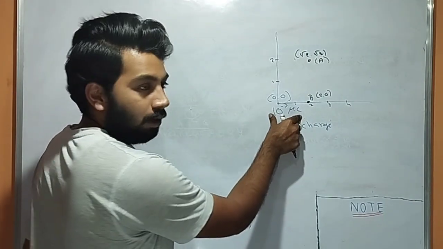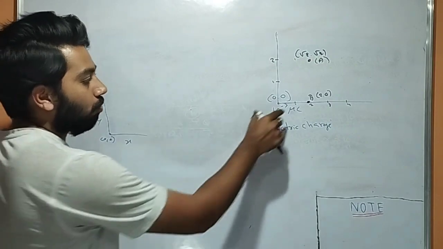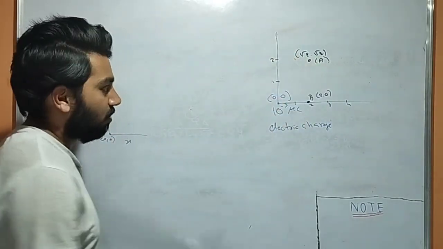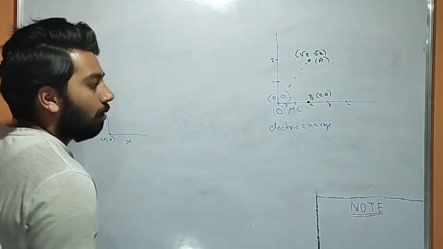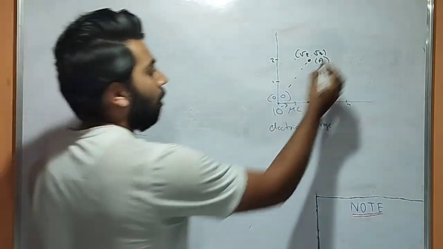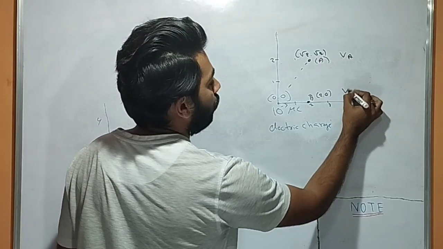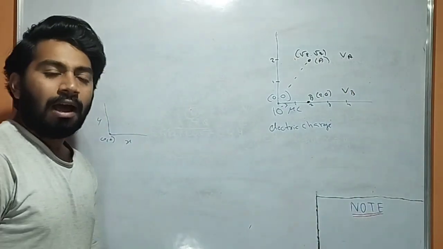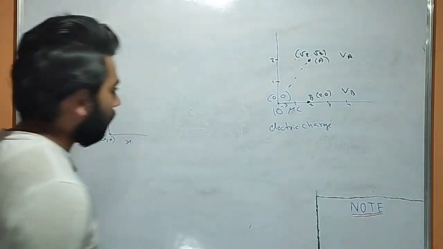We have taken the first charge at (0, 0). First we move this charge to here, then we move this charge to here, and we need to calculate the potential difference. We calculate the potential at this point and later the potential at this point, and then simply find the difference.